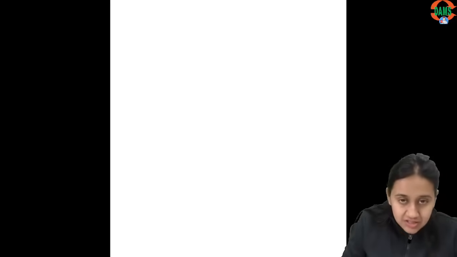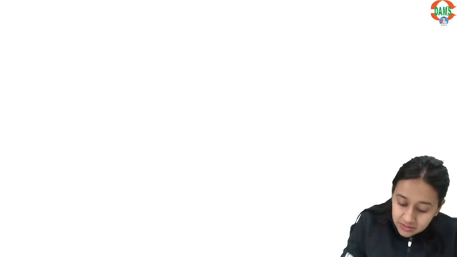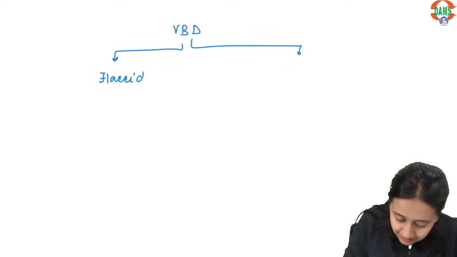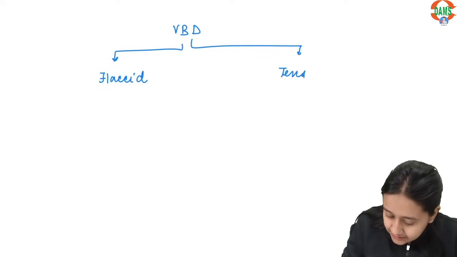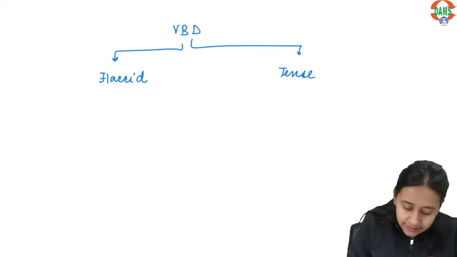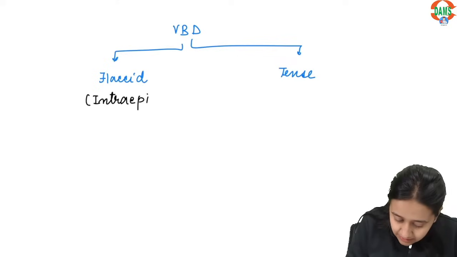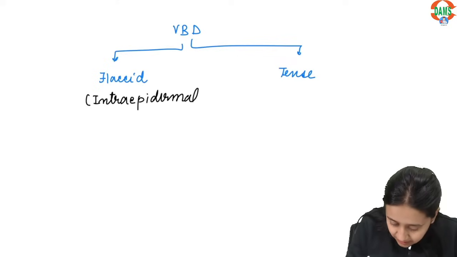So let me teach you in very simple terms. Whenever you have a question of vesiculobullous disorder, the first thing you will do is look for the type of bulla. Either it is flaccid or it is tense. Flaccid bulla indicates that we are dealing with intraepidermal split.